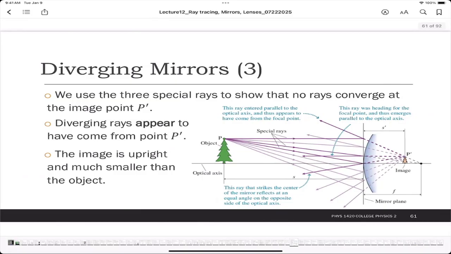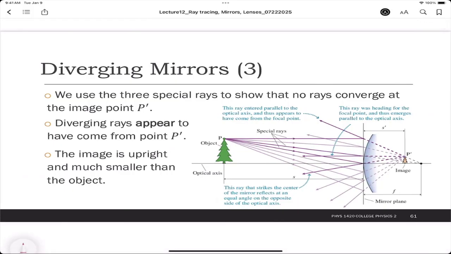We use the 3 special rays to show that no rays converge at the image point P'. You can see here those are 3 different rays. This is a reflected ray, and if you extend it, you can see those extended rays will converge at the image point P'.